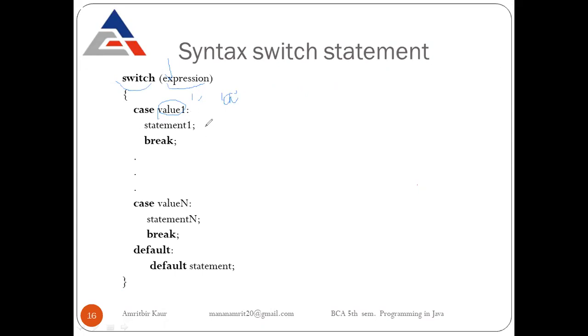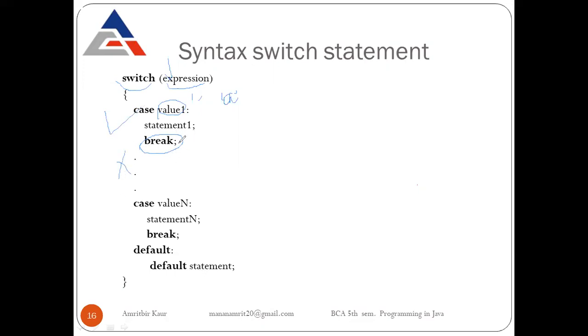And then we write our statement, like we want to display it is a vowel. So here we use System.out.println for displaying, and then we write a break. When we use break, if this case is true, the remaining part will be skipped.